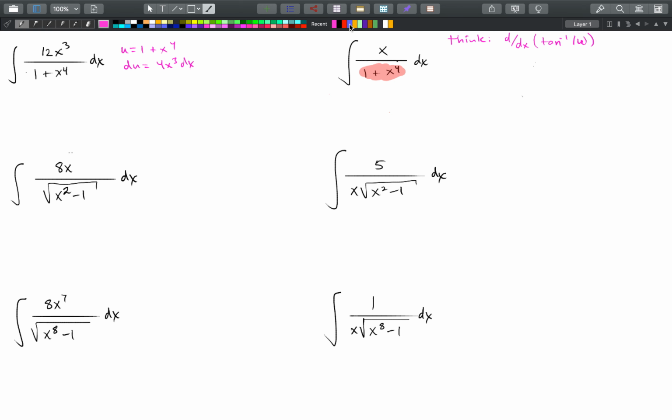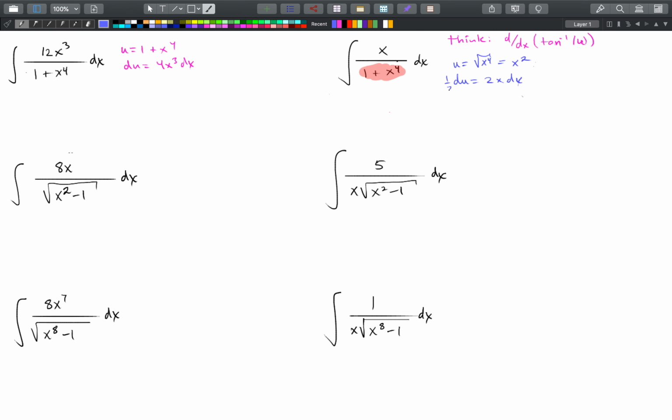And so to sort that out, all we have to do is set u equal to the square root of that x to the fourth. So we set u equal to the positive square root of that x to the fourth, and that's just going to be x squared. I do that, then I compute my du, and it's 2x dx.